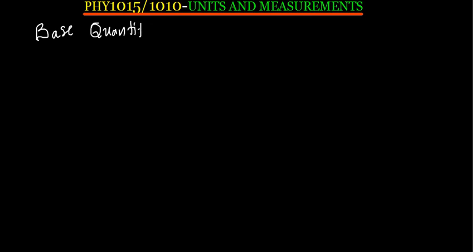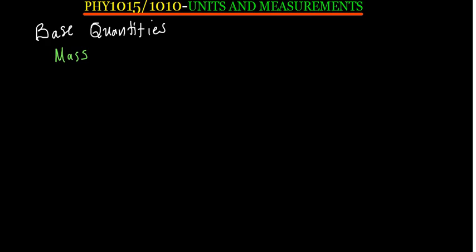Let me put SI. All right. The base quantities. The first one, we have got seven of them. You looked at them in high school. The very first topic that you did. I'm going to bring out the first ones and then you guys are going to be telling me. You have got mass as a base quantity, or you call it a primary quantity, like base quantity or a primary quantity.